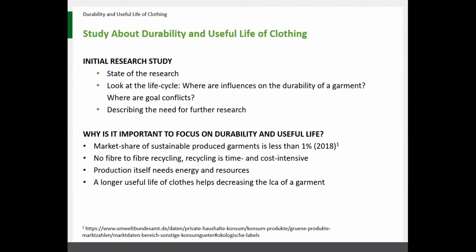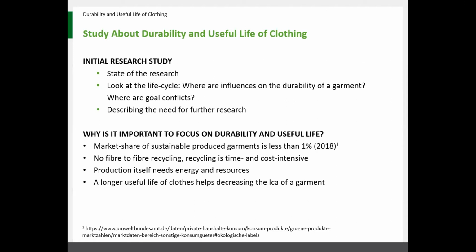Why is it important to focus on durability, longevity, and useful life at all? To meet the current environmental challenges, the industry and politics focus mainly on circular economy. But this should be just one part of the solution.